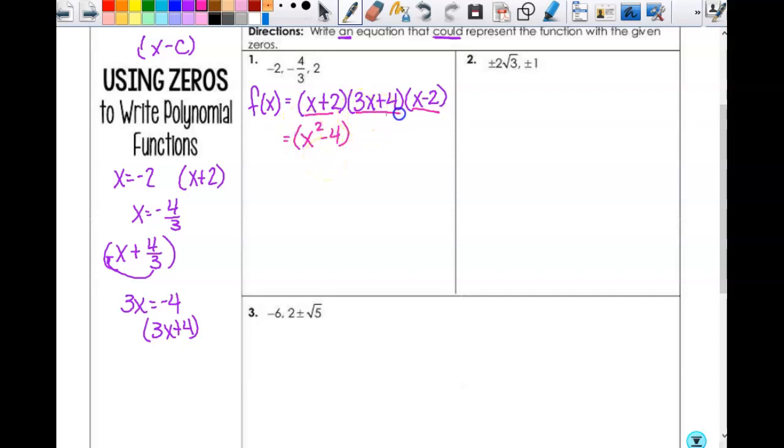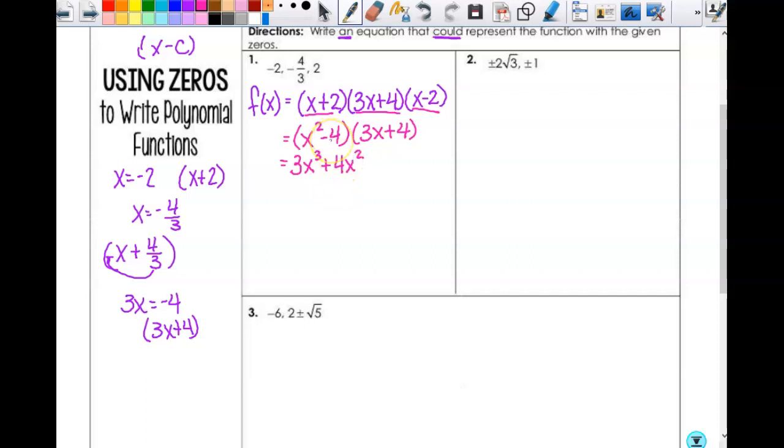And then I still have to multiply this 3x plus 4 in there. Okay, and so then I multiply them. I'll do x squared by each one of these. So x squared times 3x is 3x cubed. x squared times 4 is plus 4x squared.